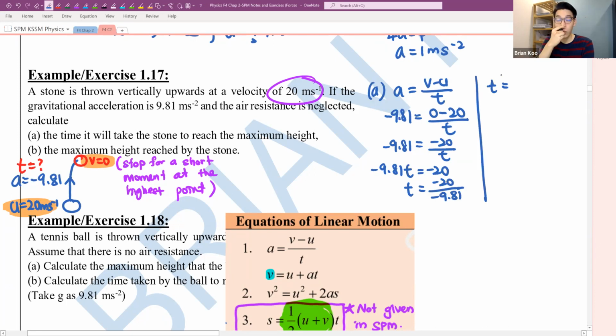I think the textbook one is quite confusing, the plus and minus. So I feel don't follow the textbook. If you're comfortable with what you learn in my class, it's good enough for SPM, good enough for your exam. Okay, 2.04 seconds. You want to make it more accurate, 2.049 also can. But I think we don't need more than that. I think this is already very good, 2.04.